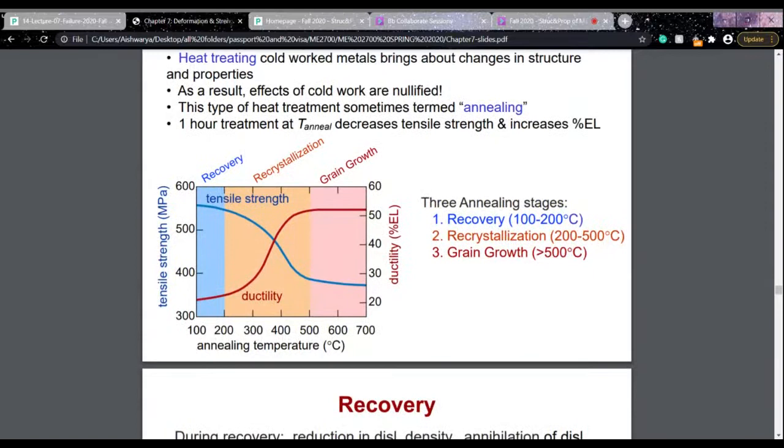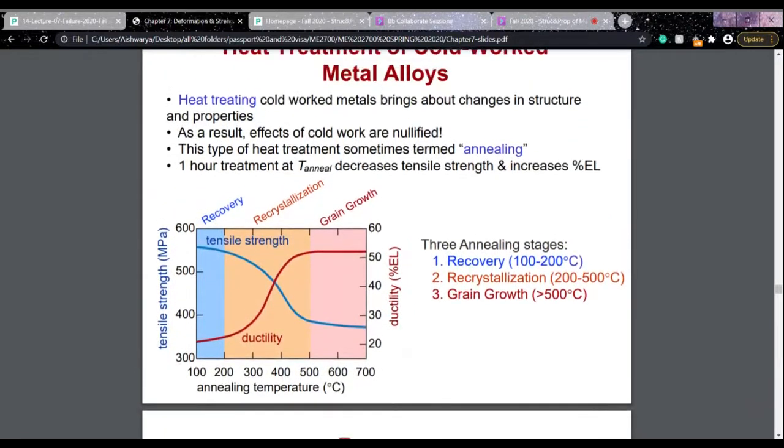There are three main stages in annealing: recovery, recrystallization, and grain growth. In the recovery stage, when the material is heated, all the physical properties that were lost, like thermal conductivity, electrical conductivity, and magnetic properties, are recovered. In the second stage, recrystallization, the grain structure is completely replaced with a new set of grains.